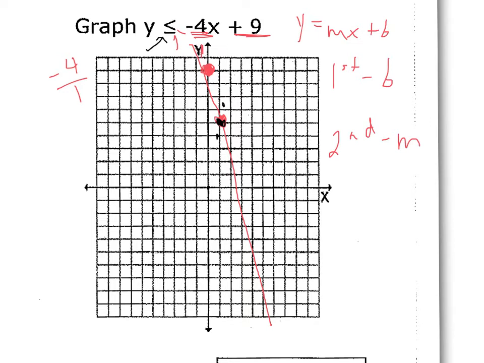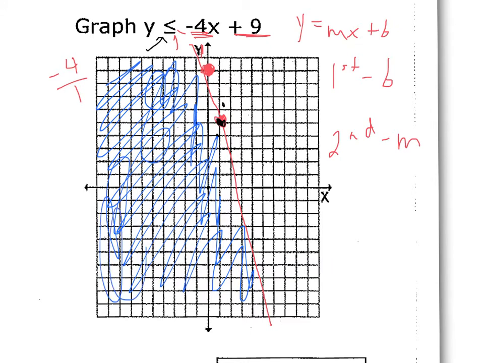Which one appears to be lower? Of course, the one below looks to be lower, so we're going to shade in that direction. All of these ordered pairs that lie below the line here, or lie on the line, are ordered pairs that would make this inequality true.